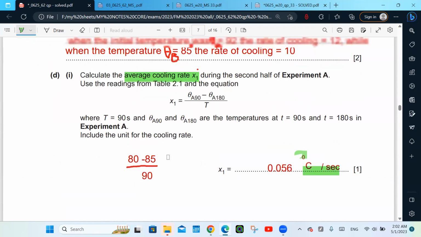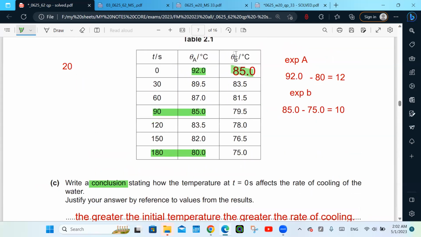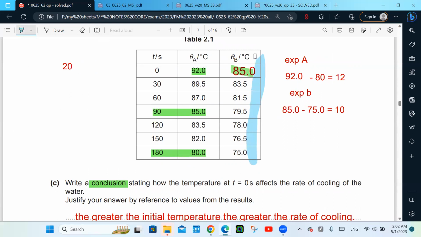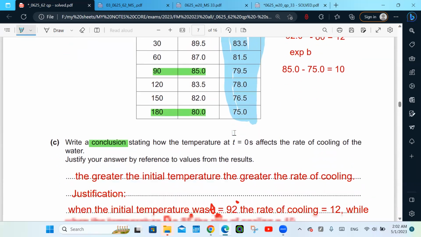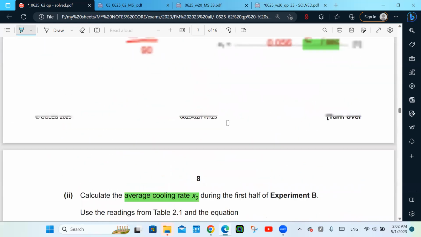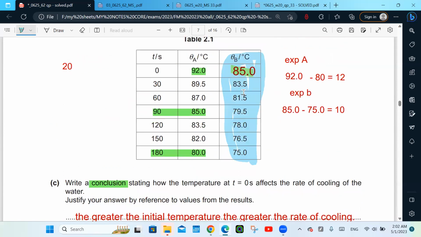You return back to the table, okay, and look at this table, which is colored, for example, highlighted with blue. We need to calculate the time between 0 and 90. At 0 it was 85 and at 90 it was 79, as you see in the table.